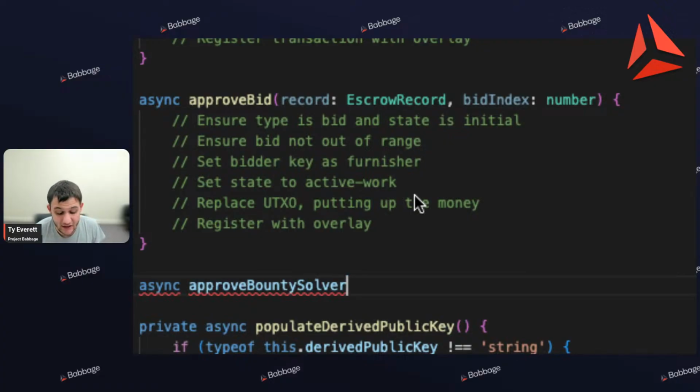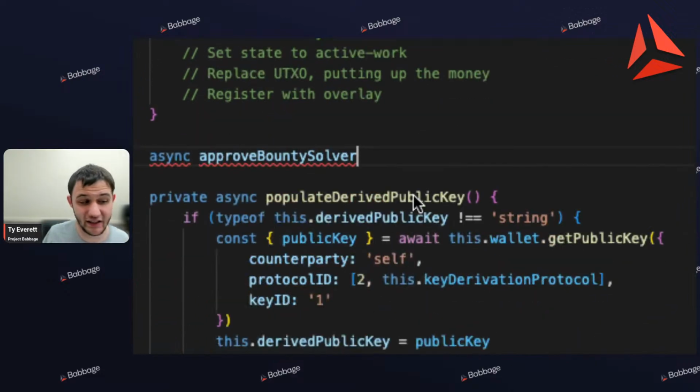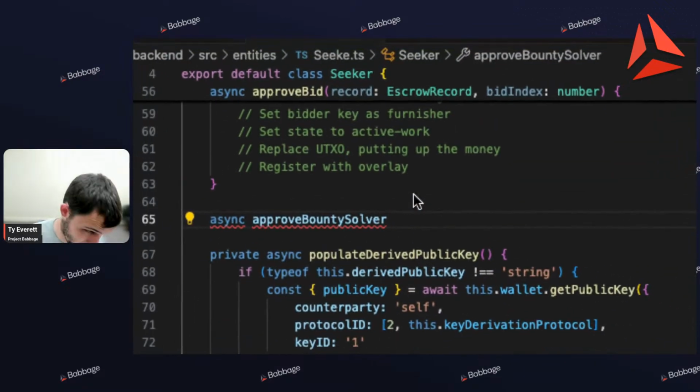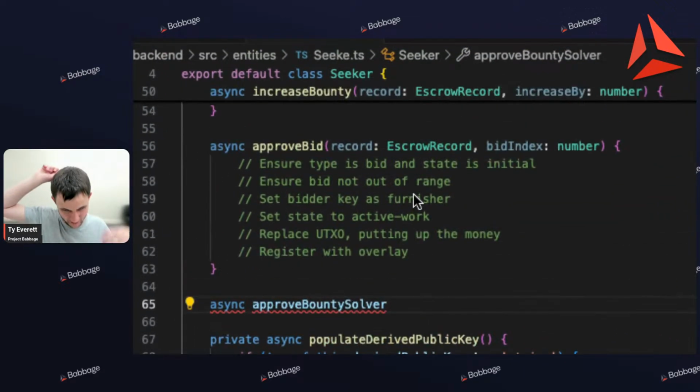You're depending on the, who can spend this first type dynamic in the one case. And when bounty solvers do not need approval, that makes sense. When bounty solvers do need approval, then it's more like a bidding type contract where, yeah, I've already put up the money.